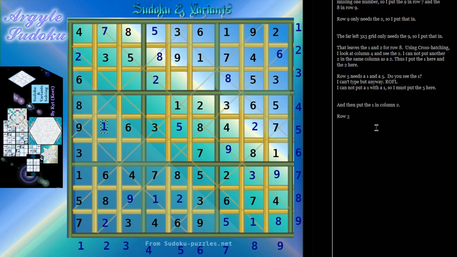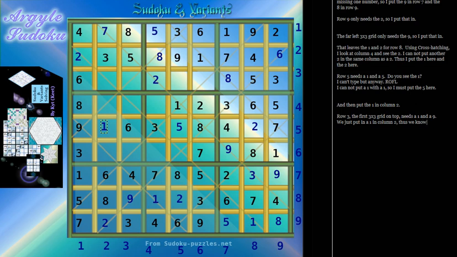Row 3, the first 3 by 3 grid on top needs a 1 and a 9. We just put in a 1 in column 2.